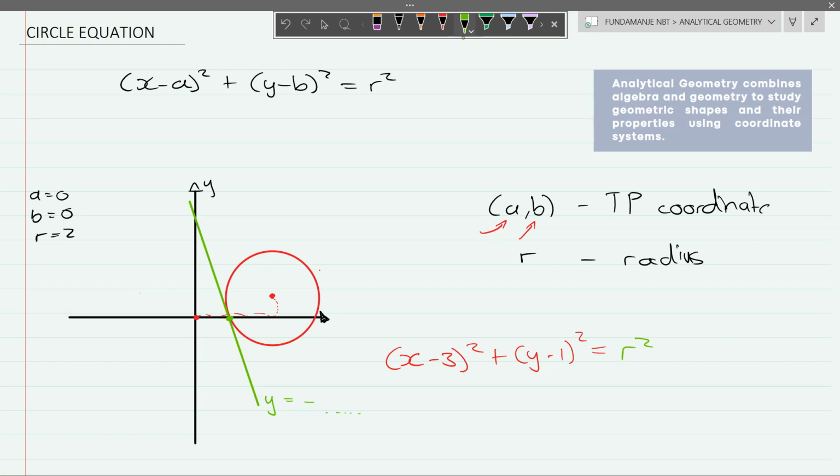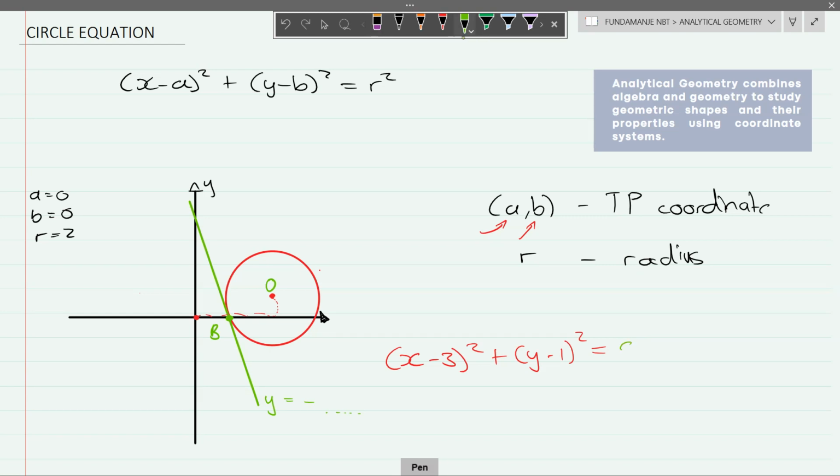The procedure is to find the x-intercept of this straight line. Once you have that, you use that coordinate, call it B, along with O, the center of the circle, to find the distance. Using the distance formula from the previous video, you figure out the distance, square it, then put it in.